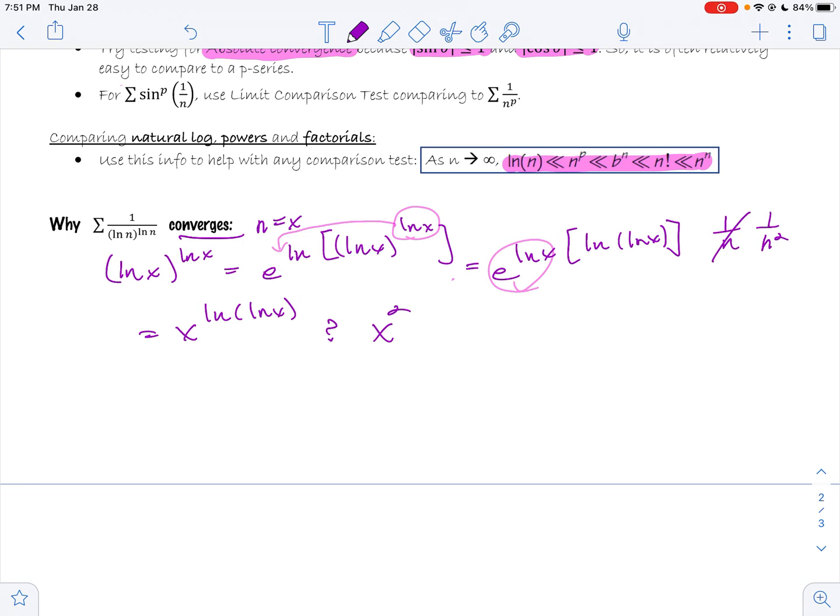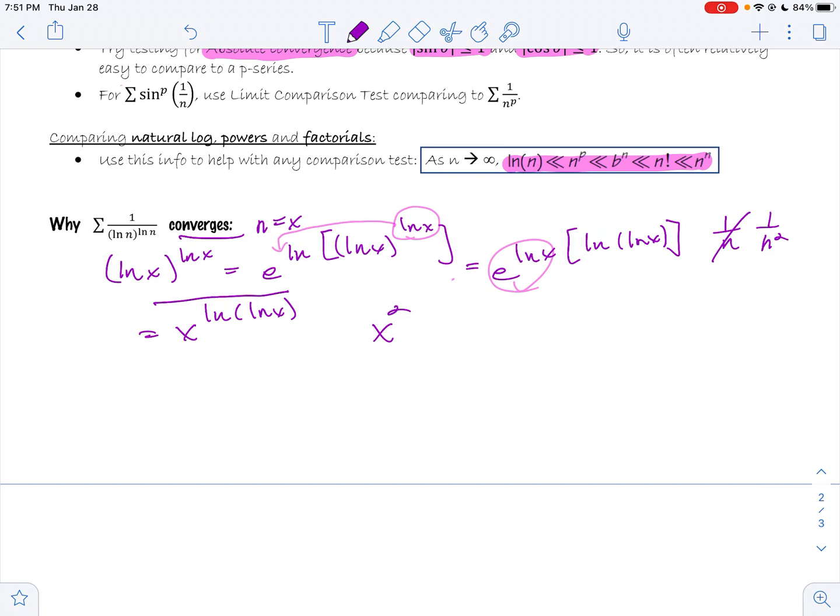And by the way, because we want to show that we have a convergent series, we need the series that we choose to compare it to be bigger, so that if the big series converges, that means the smaller series is going to converge too.